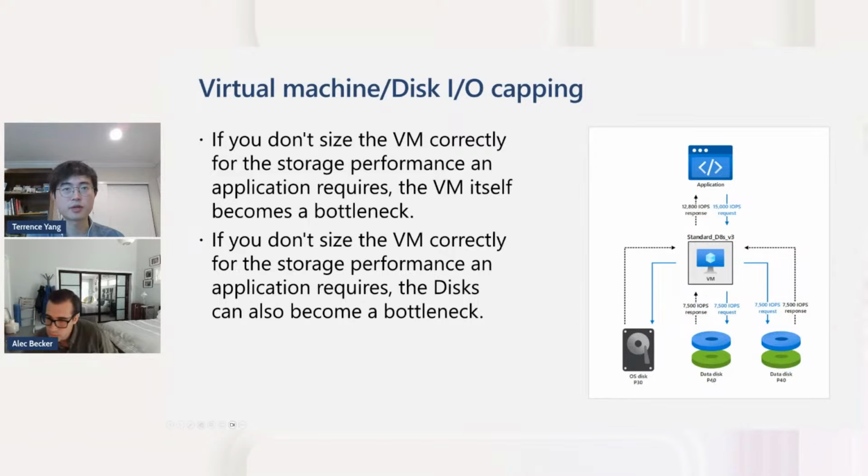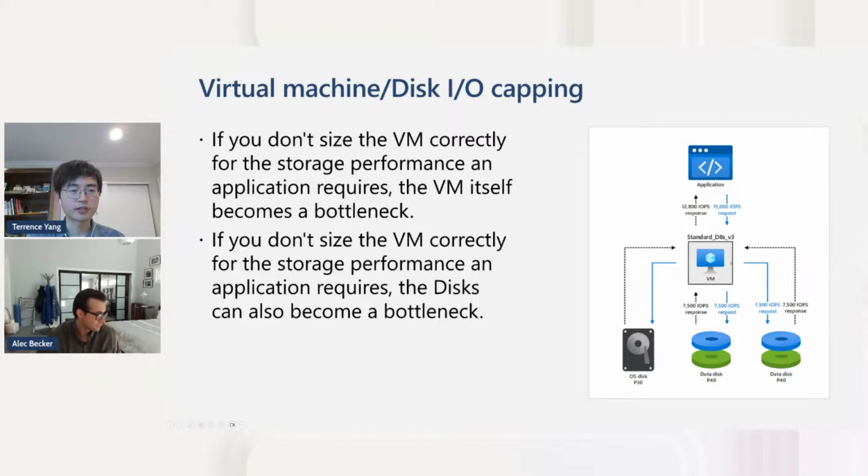But the VM itself is capped, with a maximum of 12,800 IOPS, so it can only respond to the application with 12,800 IOPS. So in this scenario, the disk is not the bottleneck, but the VM is. This is VM I/O capped.